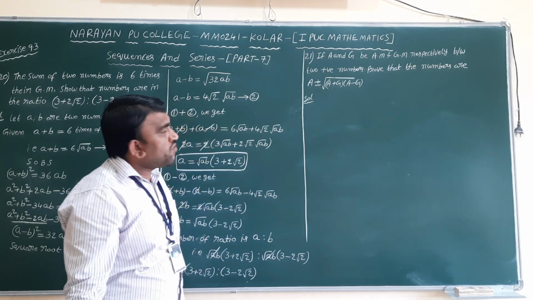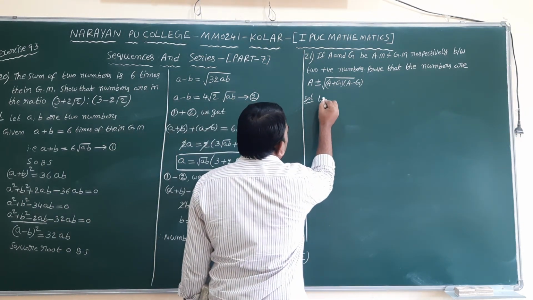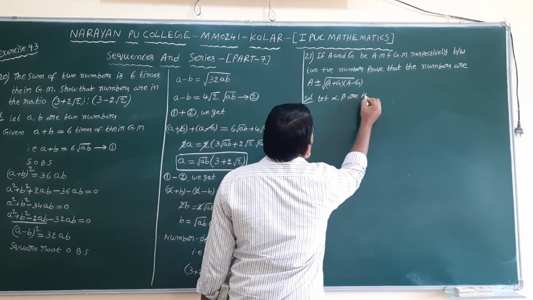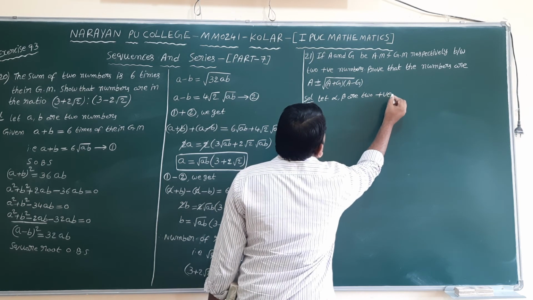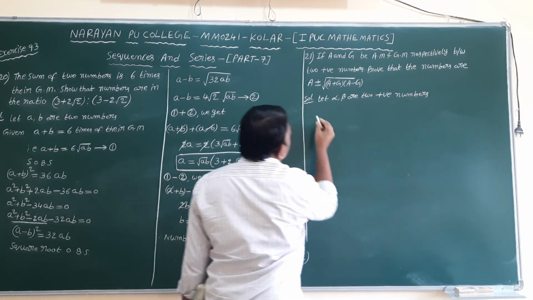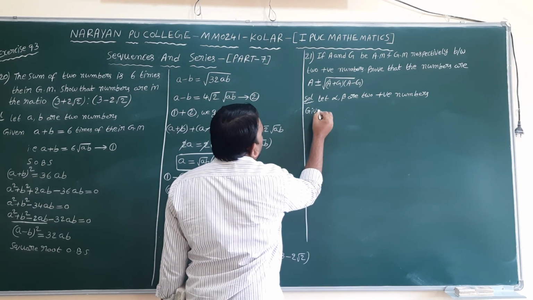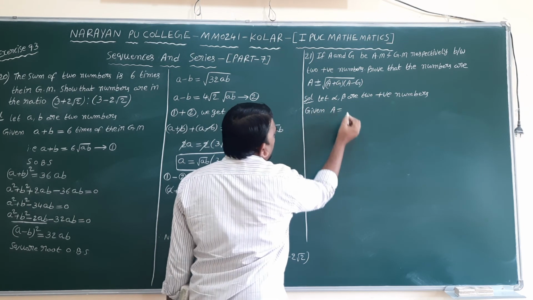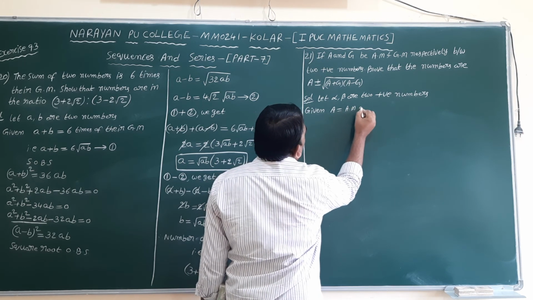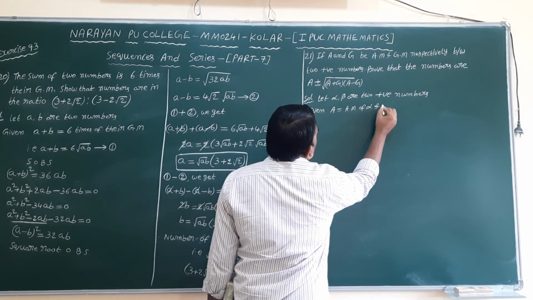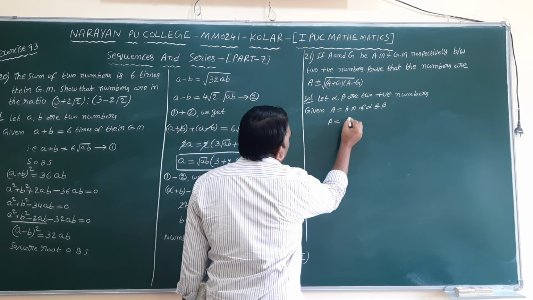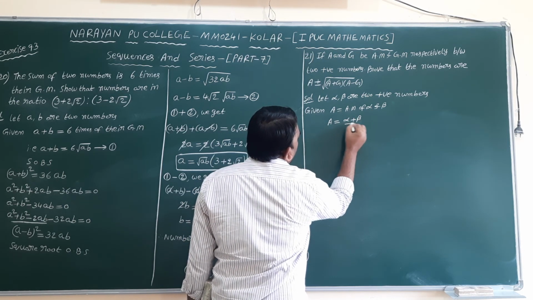So first we need to take two positive numbers. Let alpha comma beta be two positive numbers. Given A equal to AM of alpha and beta. Two numbers' arithmetic mean is summation divided by 2. So A equal to alpha plus beta by 2.